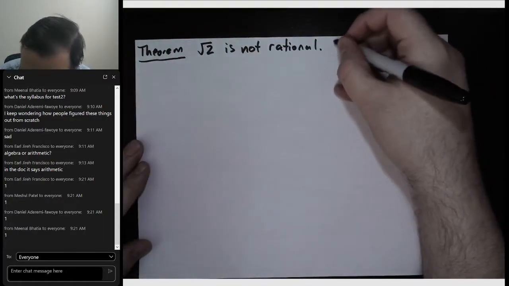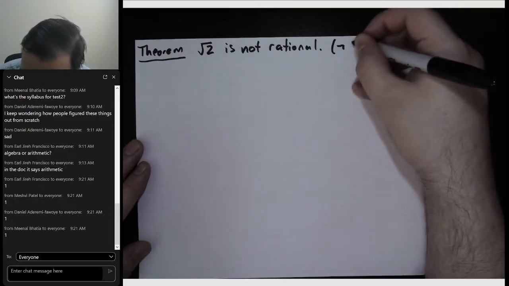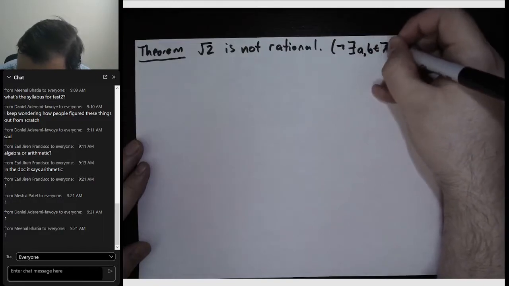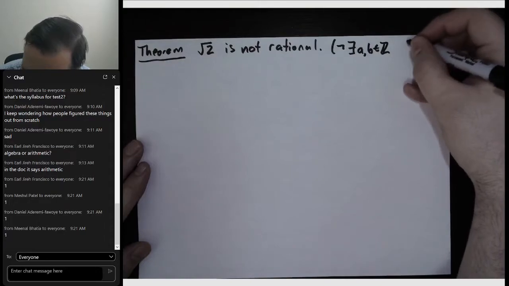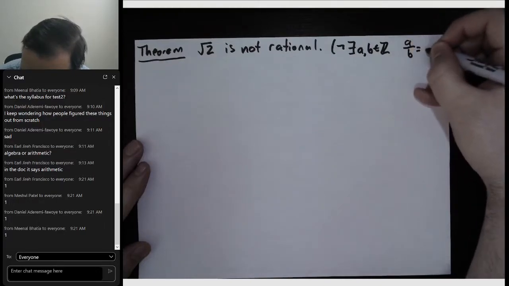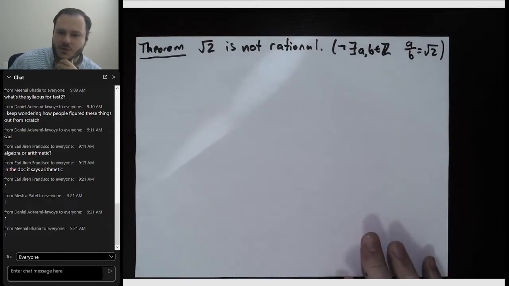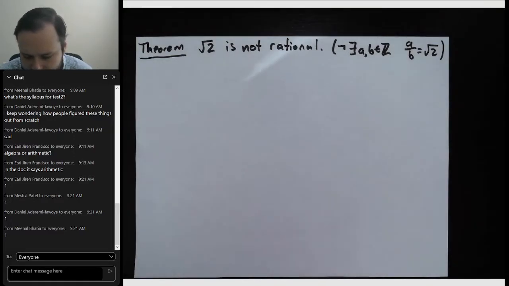This means it is not the case that there exist a and b, both integers, such that a over b is equal to the square root of 2. You cannot write the square root of 2 as a fraction with integers on both parts.